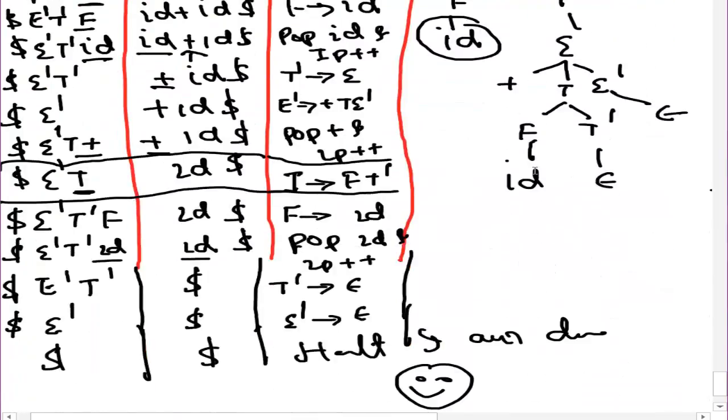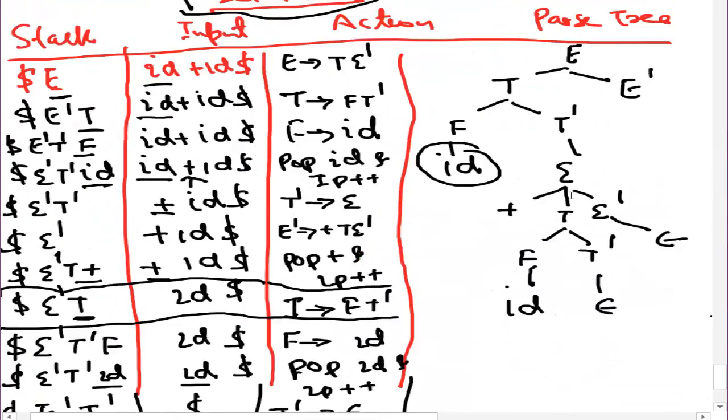So it works in a perfect fashion, right? So I think this is all for top-down predictive parsing using the table approach.